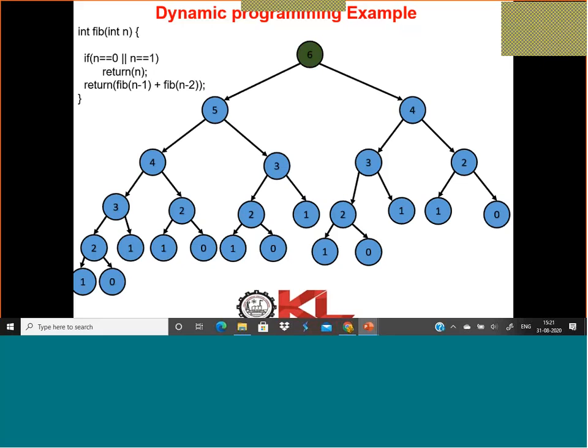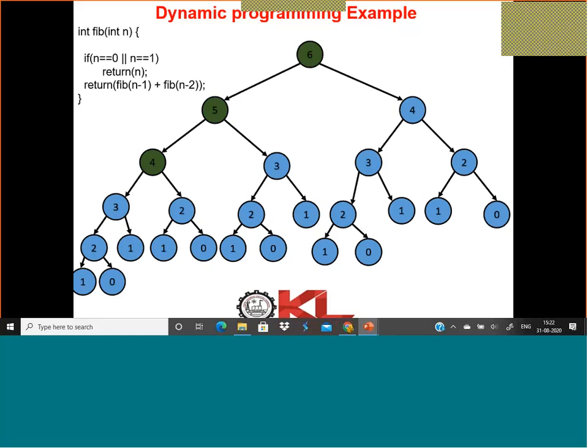Initially you invoke Fibonacci 6, then Fibonacci 5 first, and then Fibonacci 5 again invokes Fibonacci 4. Here I am looking at how the function calls occur. First it invokes Fibonacci of 6 from the main function.